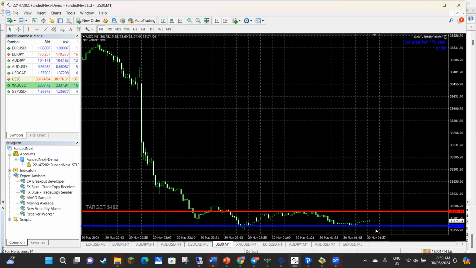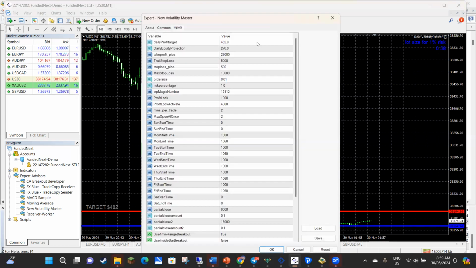If it broke below, it would place a sell order. It would also place a stop loss just above the top of the range. So it's always placing the stop loss based off market structure. And in this case, I have it set to 500 points.